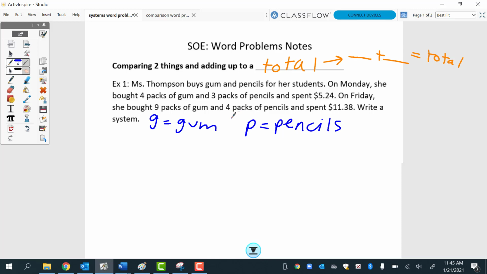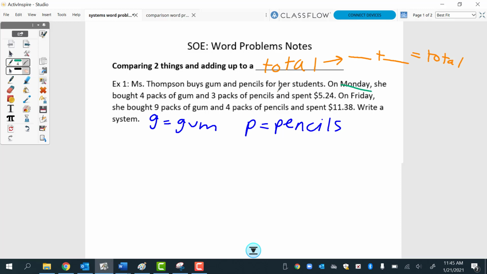When I'm reading this, I can pretty much read the two equations. I'm going to write a Monday equation for what I did on Monday, and then an equation for what I did on Friday. My Monday, I'm going to write in green.